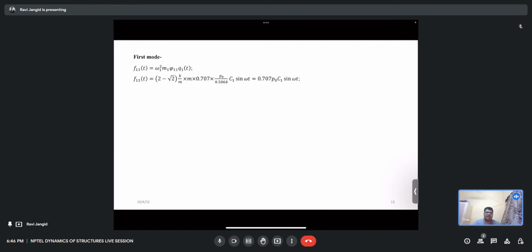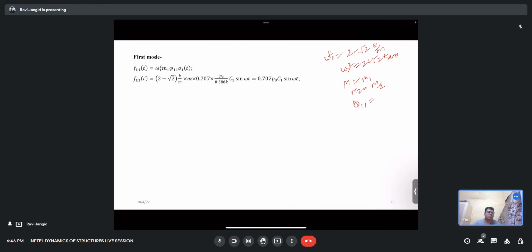Omega 1 square was (2 minus square root of 2) k by m, and omega 2 square was (2 plus square root of 2) k by m. The mass m1 is m, and m2 was m by 2.